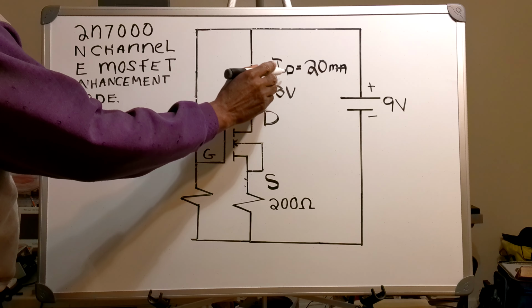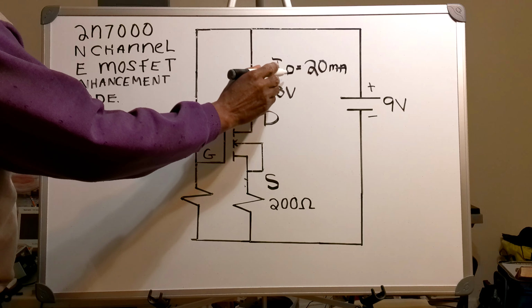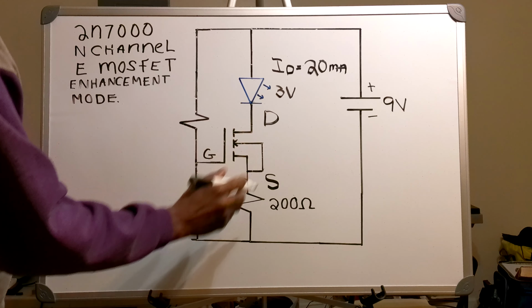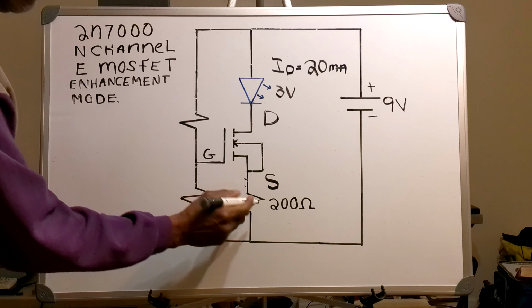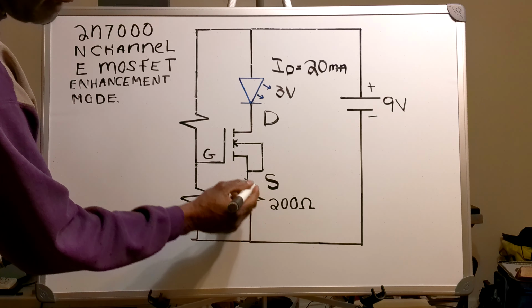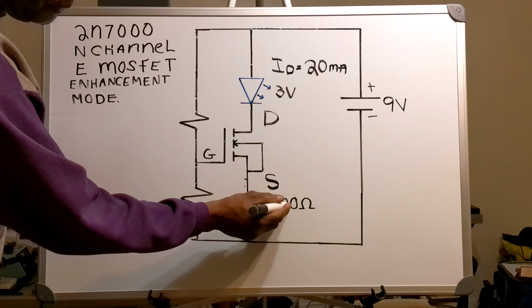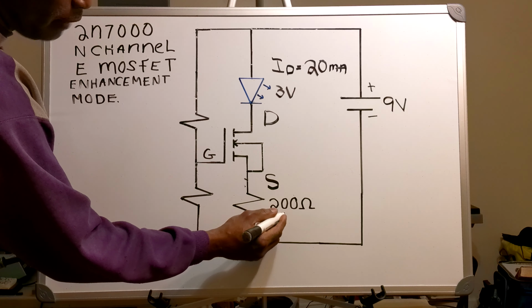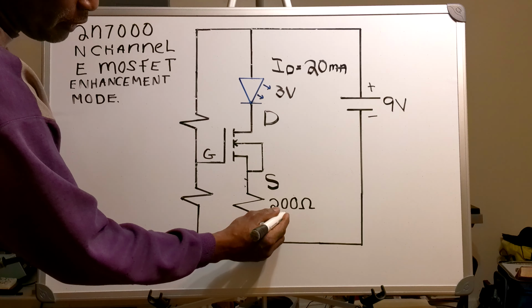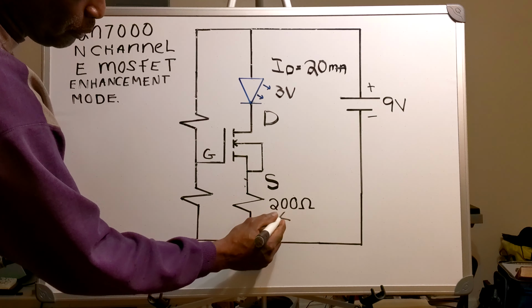Now I want my current to be 20 milliamps. That means I will also have 20 milliamps flowing through my 200 ohm resistor, and that means I'm going to need 4 volts across my 200 ohm resistor.